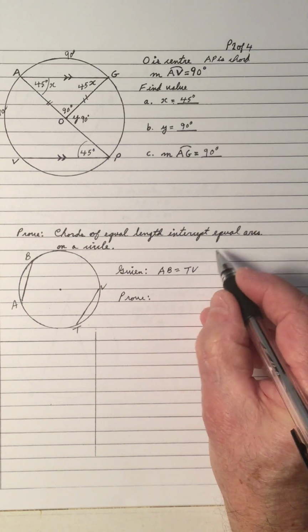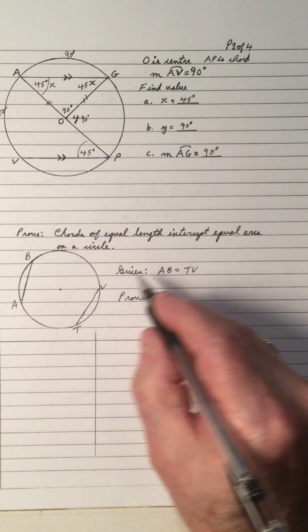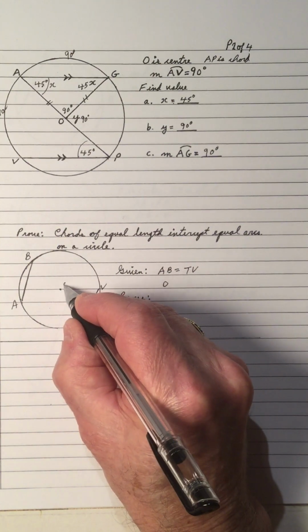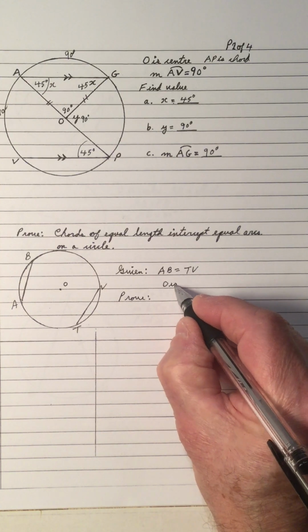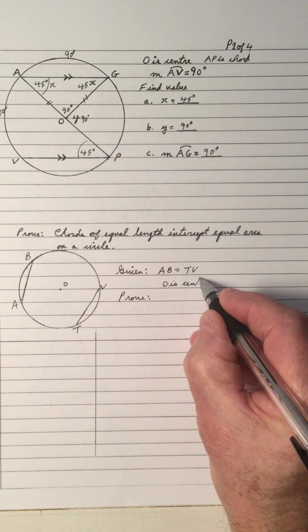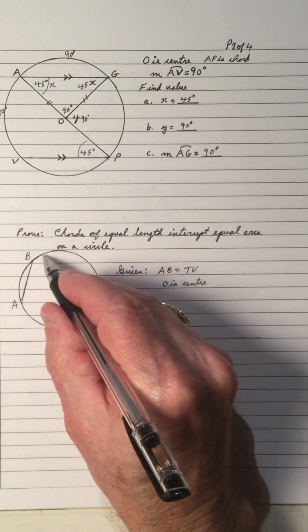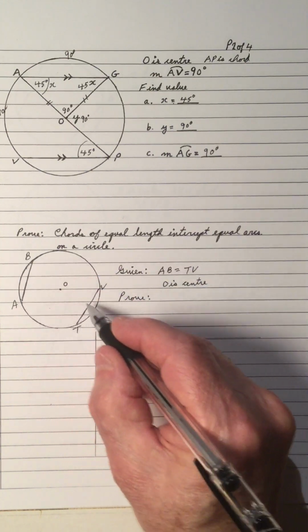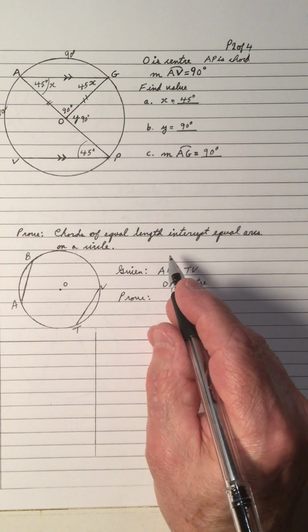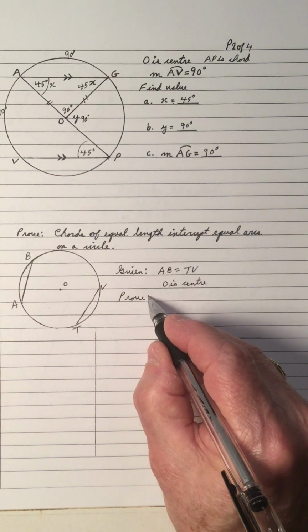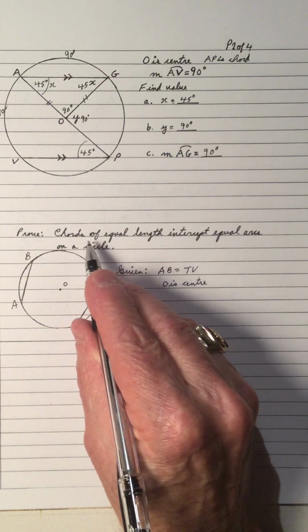And on a circle, so we have a circle. So let's name O right here. O is the center of the circle. Because the circle is the set of points on the circumference which are an equal distance from the center. So what we have to do now to do this proof, we have to say, okay, what are we trying to prove?